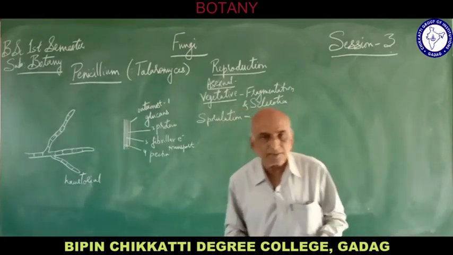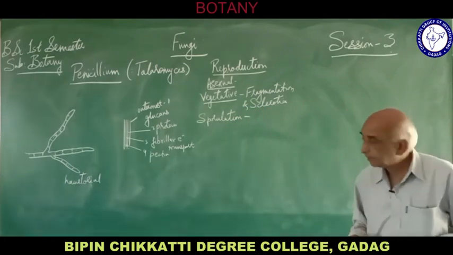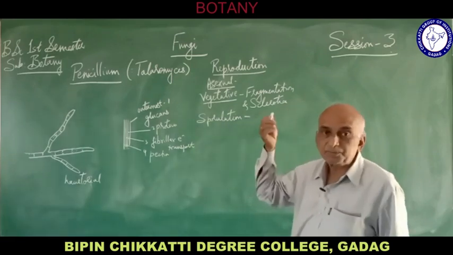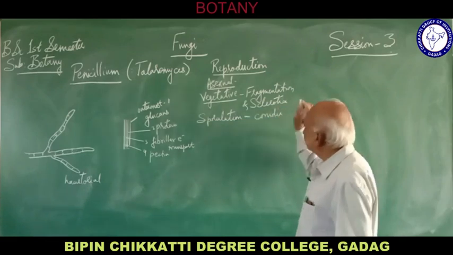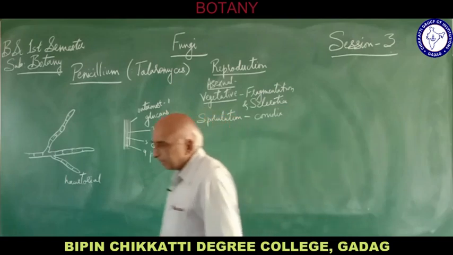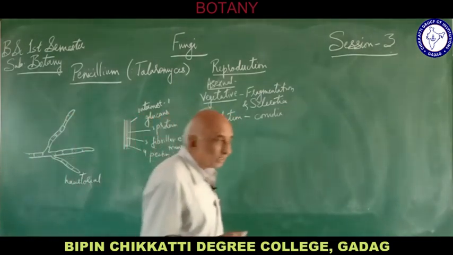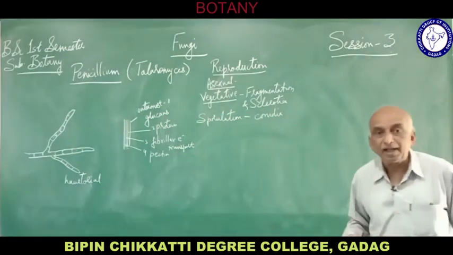Then if you come to spore formation, sporulation takes place by the formation of spores called conidia, produced in the hyphae. These conidia are non-motile spores produced in certain branches of hyphae.